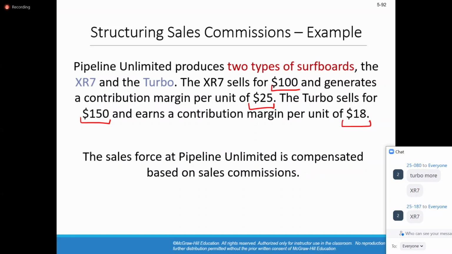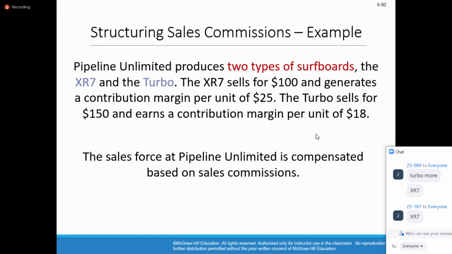So the thing is that there is a problem. The problem is that because we are applying the sales commission based on the sales price, this problem is arising. Rather, if we make the sales commission in terms of the contribution margin of the sales of the product, in that case, it will be good.